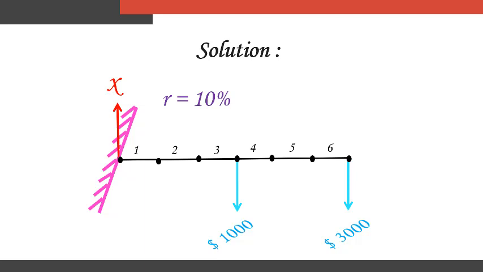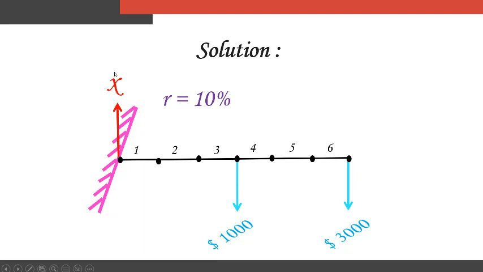Again, to calculate the time for any of the old or new obligations, we must get the distance between the obligation and the focal date. So the distance for 1,000 equals 3 months. The distance for 3,000 equals 6 months.